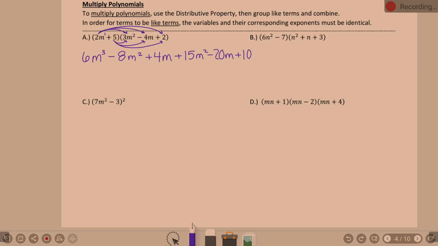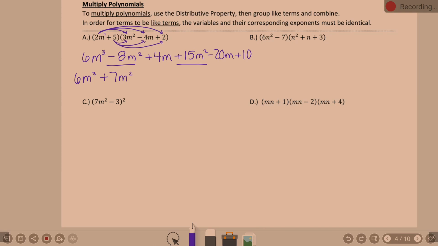Am I done? No. What are we doing? Looking for any like terms. What do we see? We can bring down 6m cubed as is. It's my only cube. Minus 8m squared is going to add to 15m squared, which is minus 8 plus 15 is 7m squared.